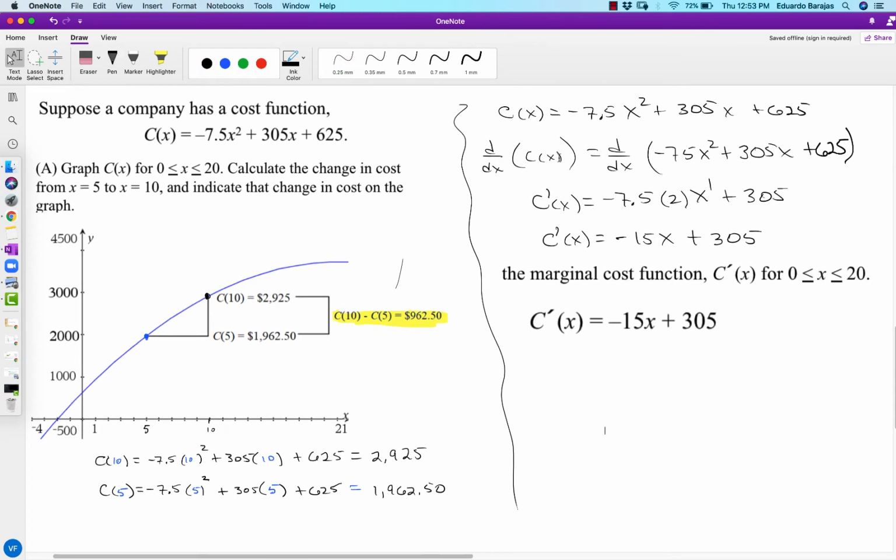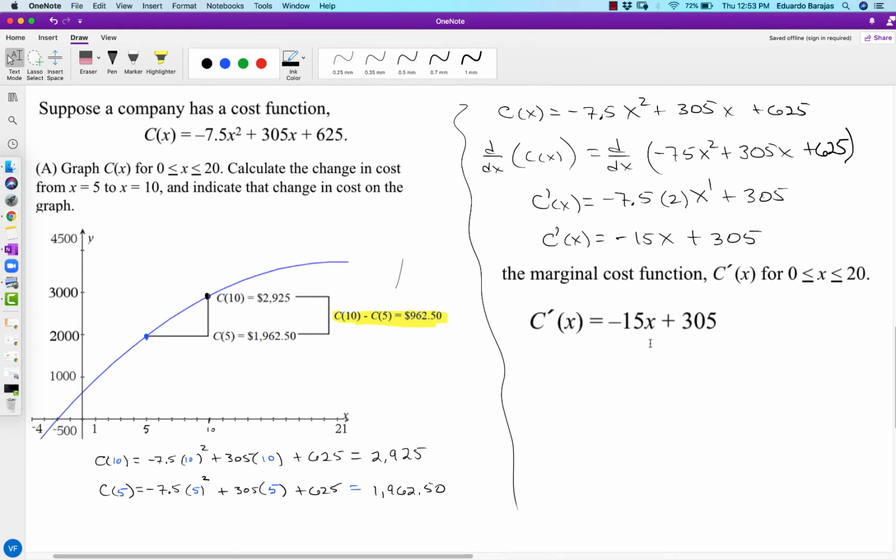So the first derivative of the cost function equals negative 15x plus 305. And the first derivative of the cost function is better known as the marginal cost function. Okay, so C prime of x is equal to negative 15x plus 305, and that's where x ranges between 0 and 20.